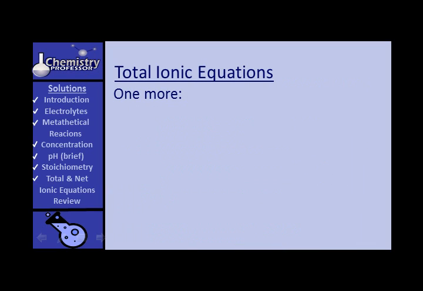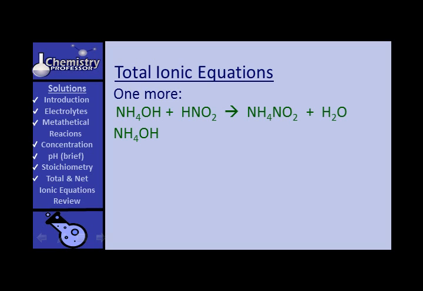Let's look at one more reaction, a little more interesting perhaps. Let's look at the reaction of ammonium hydroxide and nitrous acid, a weak base and a weak acid, producing ammonium nitrite and water. The ammonium hydroxide is a weak base, so we write it as a molecule.